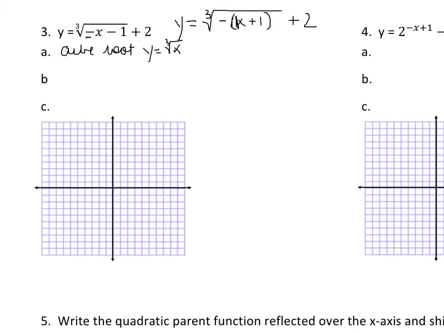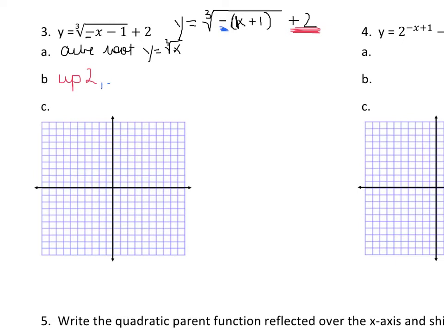And let's write down what's happening. So on the outside of my parent function, it's actually just moving up 2. And on the inside of my parent function, I have this negative, and that's going to negate my x values.